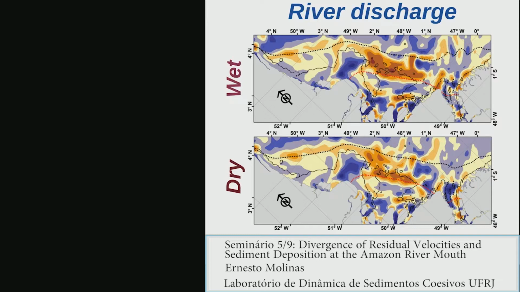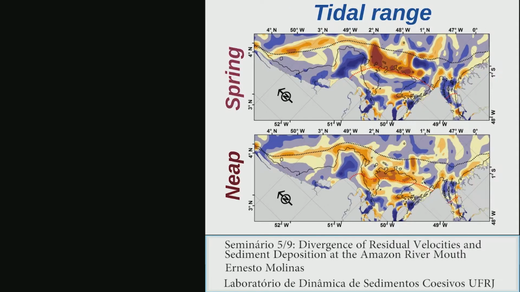But once again, when we look at the comparison between spring and neap tides, it is quite different. In spring tides the convergence zone occurs really outside the estuary, while in neaps this convergence zone moves about 100 kilometers shoreward.